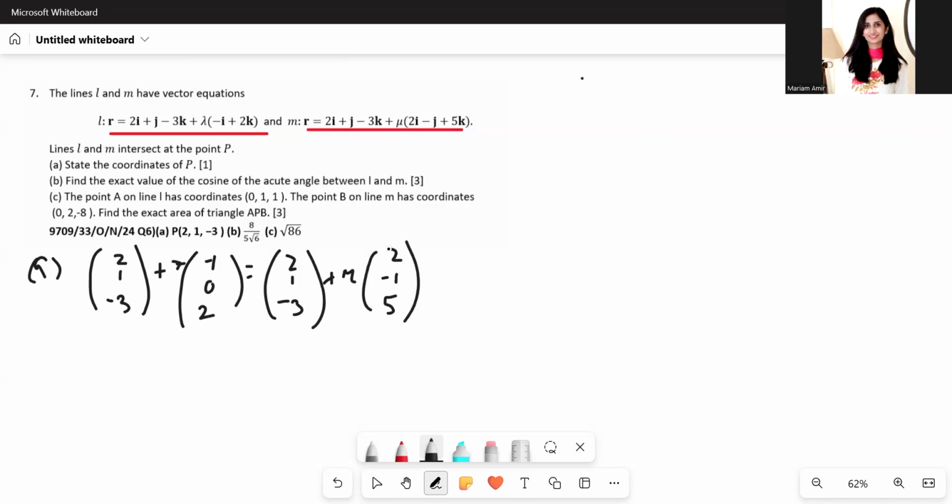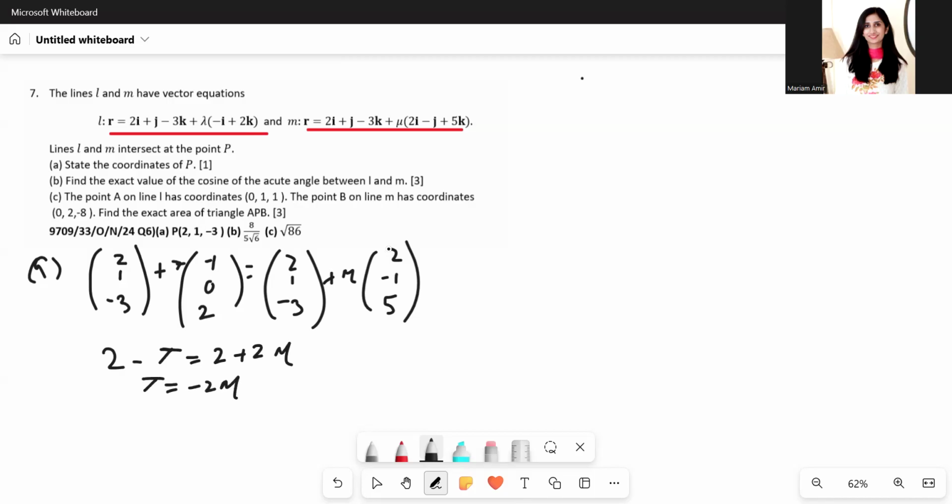Now you form three simultaneous equations from this and solve the first two to find the value of lambda or mu. This would be 2 minus lambda equals 2 plus 2 mu, which would just be negative lambda equals 2 mu, or lambda equals minus 2 mu.